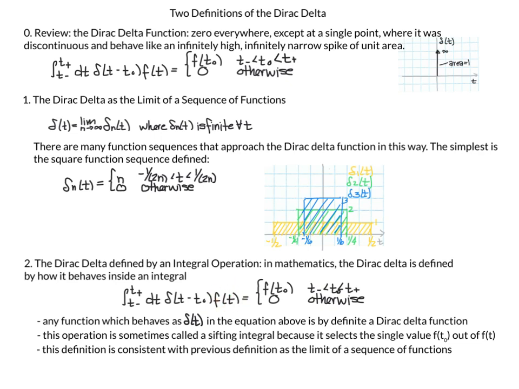So nothing's going to contribute until you hit t0, and then you get f of t0. Once you move away, your Dirac delta becomes 0 again, so no more contribution. So what you finally get is just f of t0. Whereas if your interval does not contain t0, then your Dirac delta is going to be 0, which makes the whole integral equal to 0.